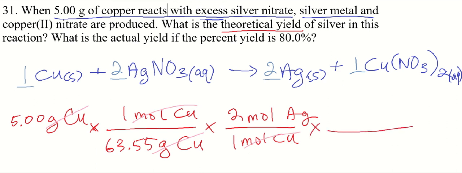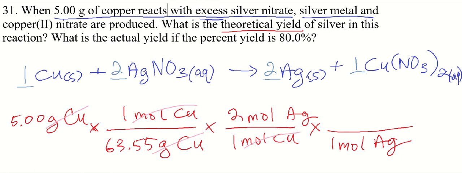So now, third and final step, we can convert the desired substance. Now that we have the moles of the desired substance, we can convert that into the desired unit. And so let's convert that to grams. Now, if the problem is asking for moles, we wouldn't have to do this last step.